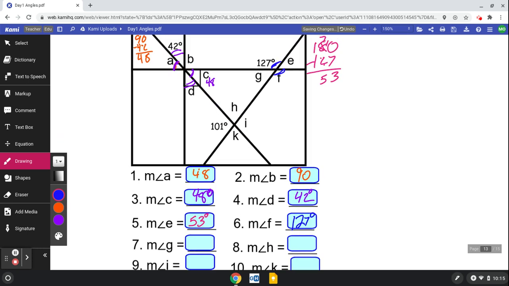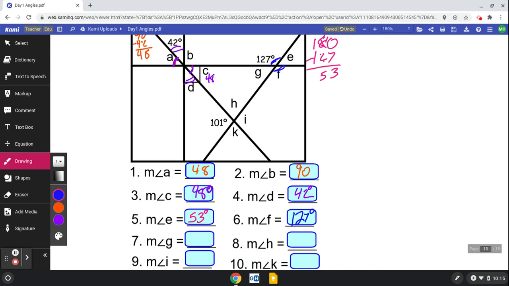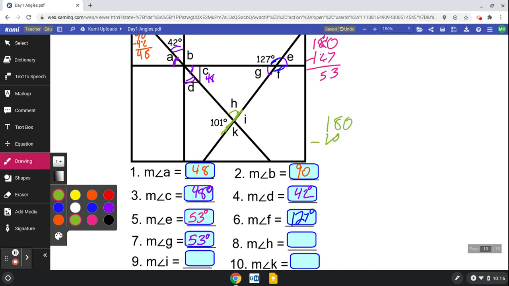Okay, 4 more. Angle G. Well, G's got a vertical angle. It's vertical with E. So it is the same, 53 degrees. H. Well, H I know is a vertical line with this 101 degrees. So I would have to take my 180 minus my 101.